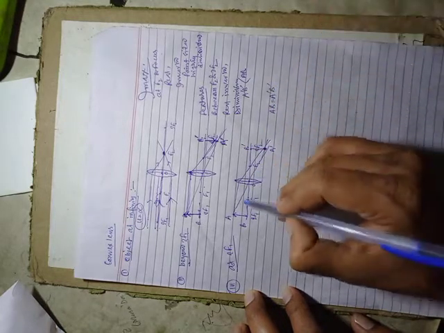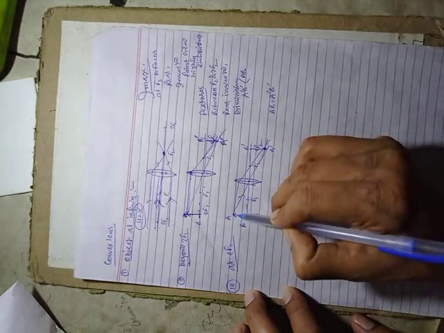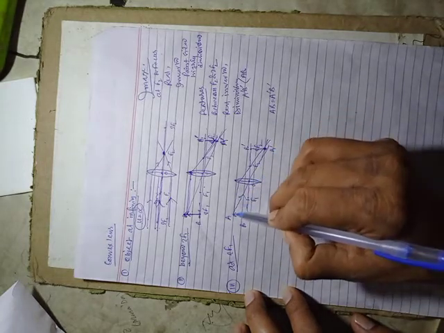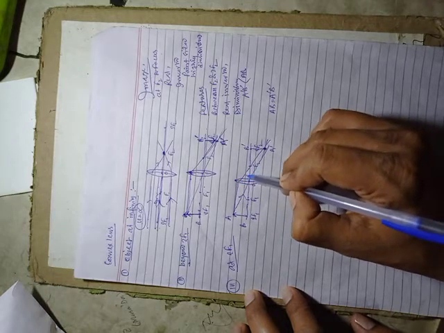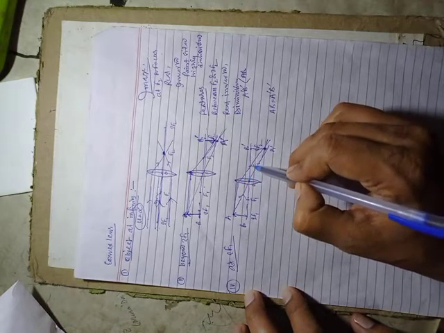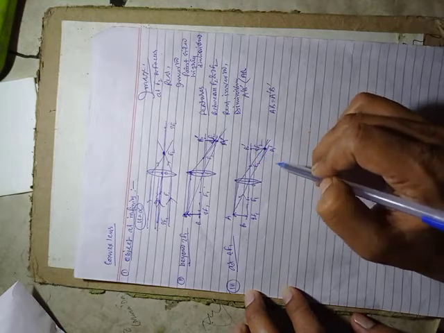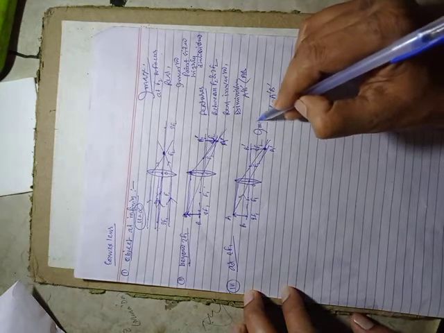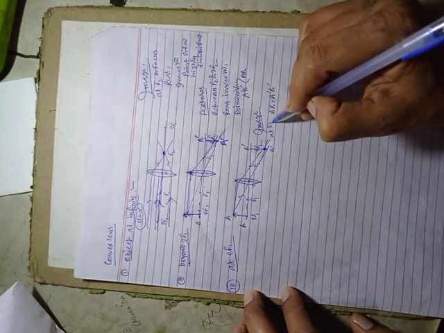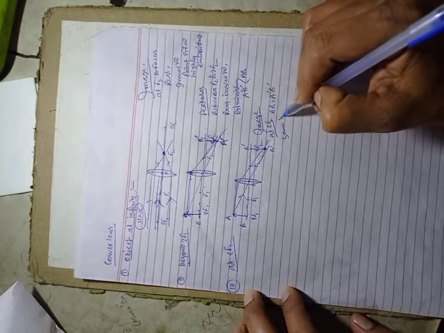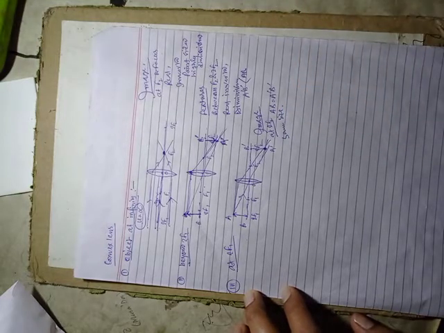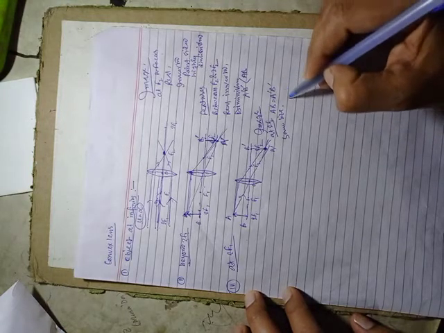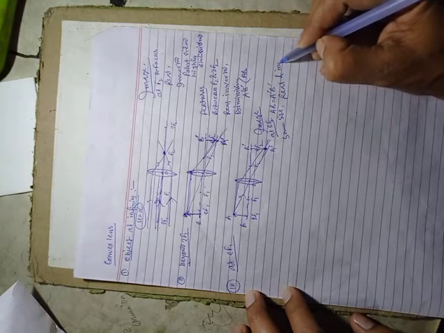So the image will form at 2f2, same size, real and inverted.